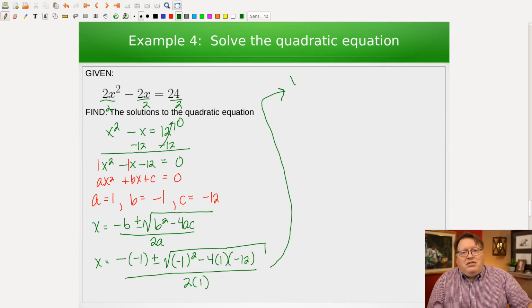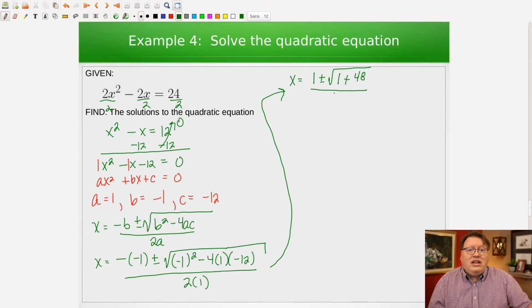So if I simplify this, the opposite of a negative 1 is a positive 1, plus or minus the square root. B squared is equal to 1. Negative 1 times negative 1 is a positive 1. A negative 4 times a negative 12. Well, a negative times a negative is a positive, and 4 times 12 is 48.